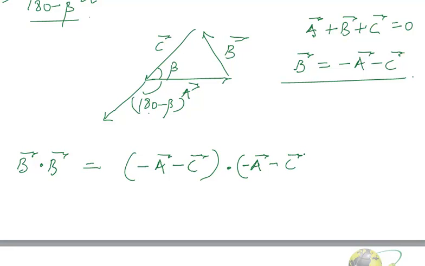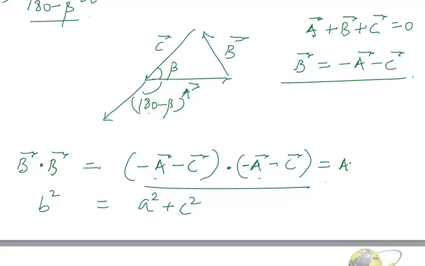(minus A minus C). Now if you find out this dot product, this will be B square, and if you do the dot product of this term, it will be A square plus C square. A dot A, minus minus will cancel out, remember this will be actually equal to (A plus C) dot product with (A plus C), because minus minus will cancel out.